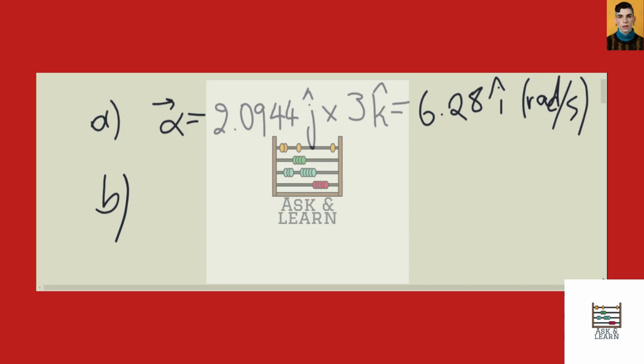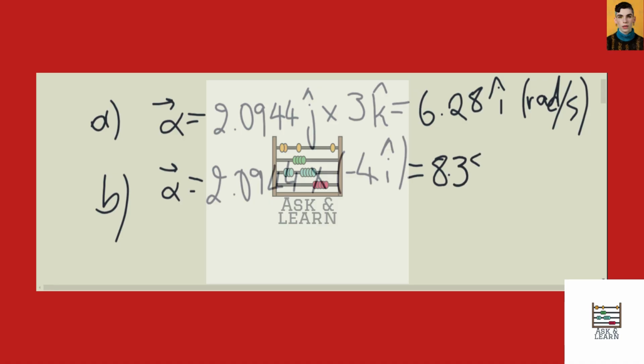For task B, minus 4 i, giving us approximately 8.38 k hat radians per second.